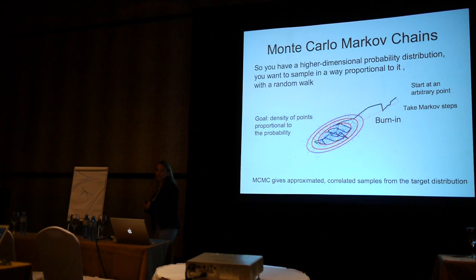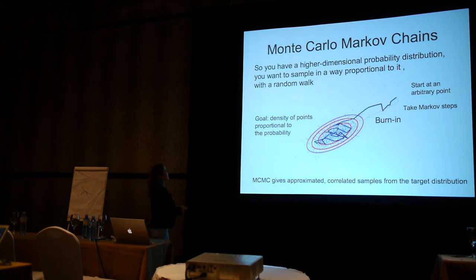Okay. So let's move on to talking about Markov chain Monte Carlo. Say that you have a higher dimensional probability distribution, and in the philosophy of the Monte Carlo method, you want to sample in a way that is proportional to it. The way to do it is with a random walk, although it's a special random walk.